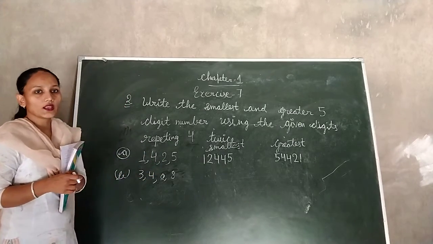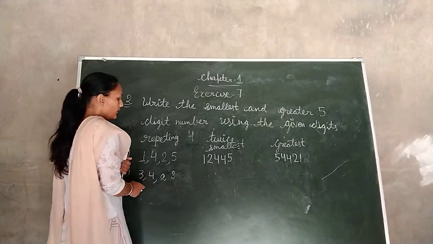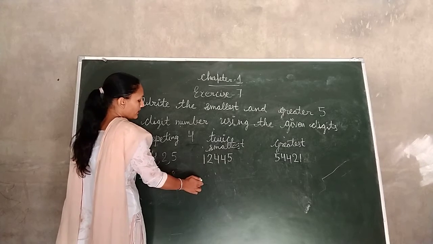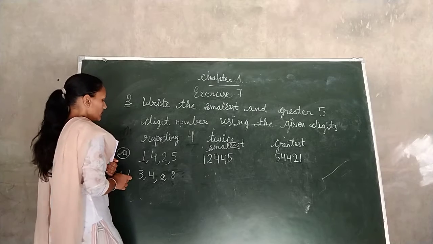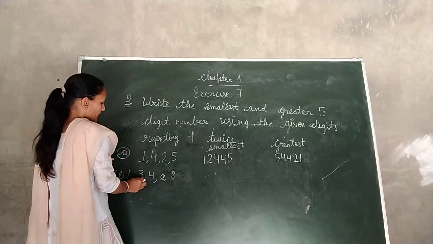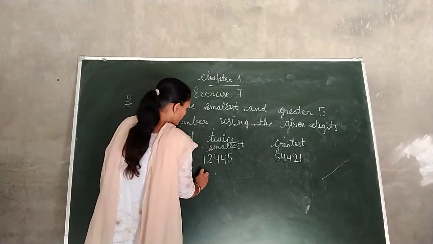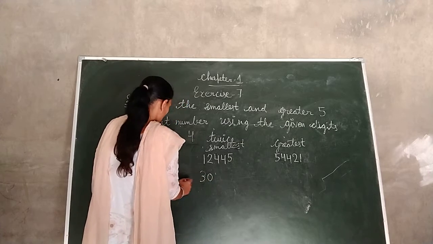But we have to make the number of 5 digits. So what we will do, we will write this digit at the second position from the left. So now we have 3 digits remaining, and which is the smallest among these digits? 3. So we will write 3 here, and after that we will write 0.